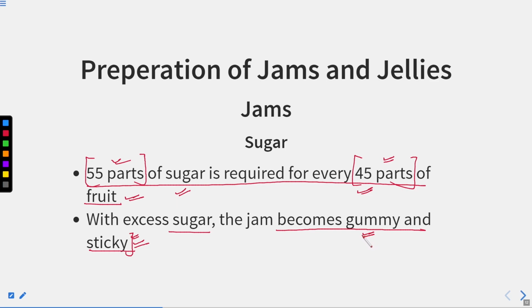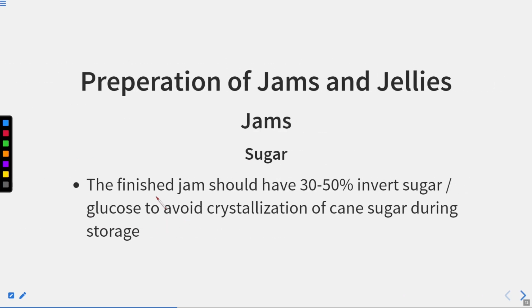So it should be of such a consistency that it can be spread on any food like bread or chapati, right? So it should be of a good consistency. According to that, our sugar amount should be there. The finished jam should have 30 to 50% of invert sugar.